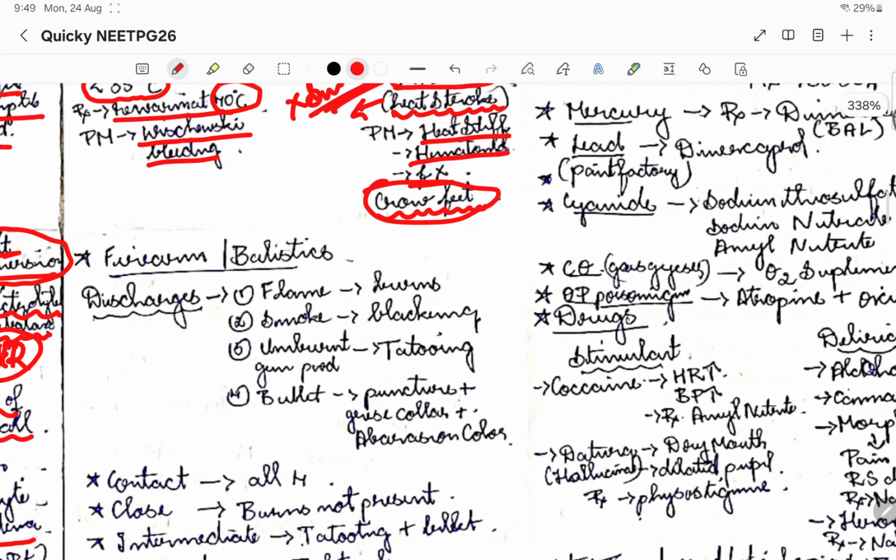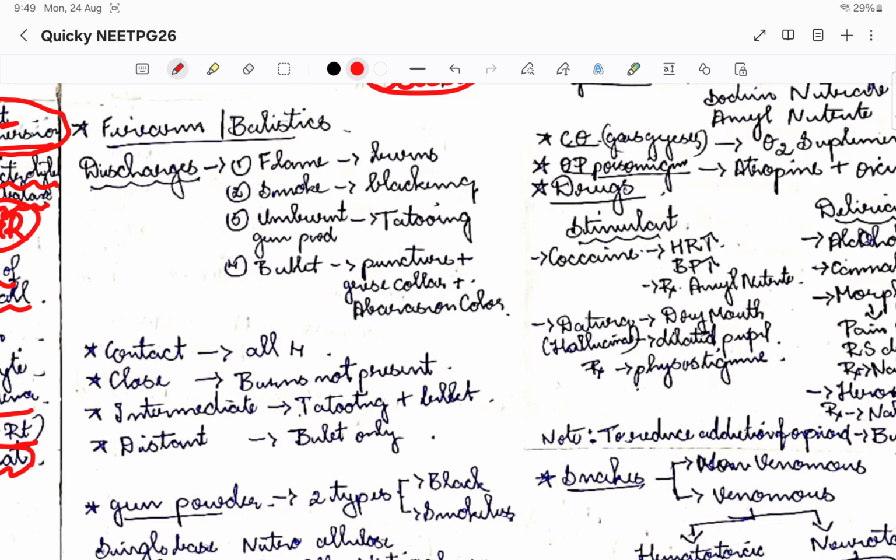Coming to firearms and ballistics, from a gun there are 4 kinds of discharges. That is what we are supposed to know. One is flame, the fire; the smoke; the unburnt gunpowder; and the bullet itself. Flame causes burns, smoke will cause the blackening, and the unburnt gunpowder will go around the skin, which causes tattooing.